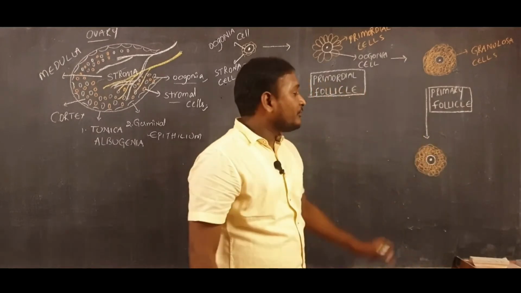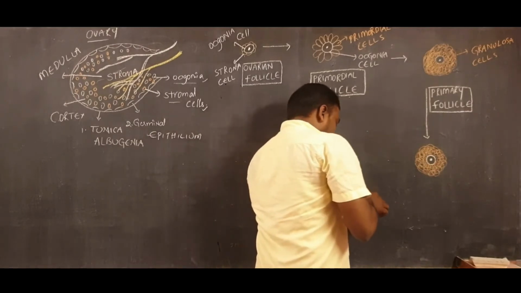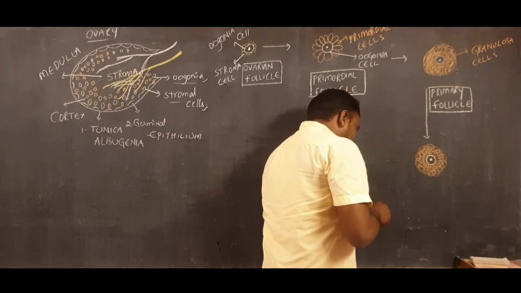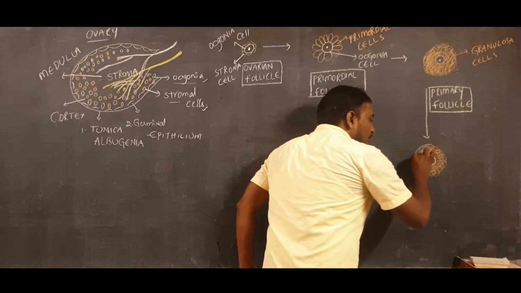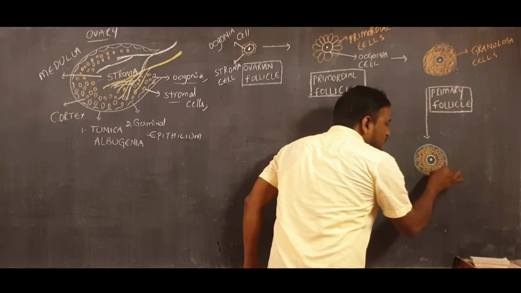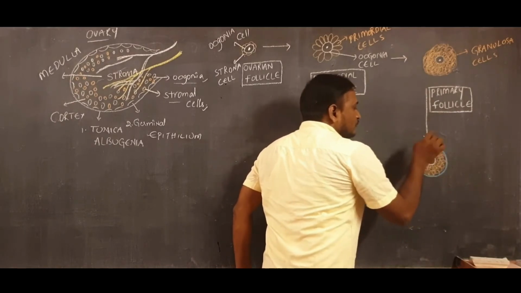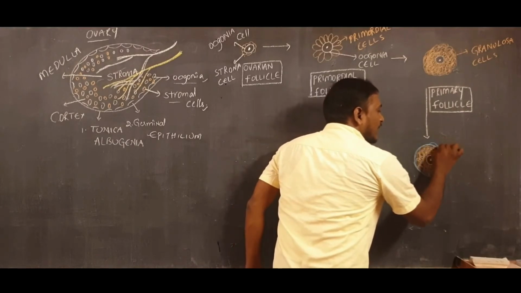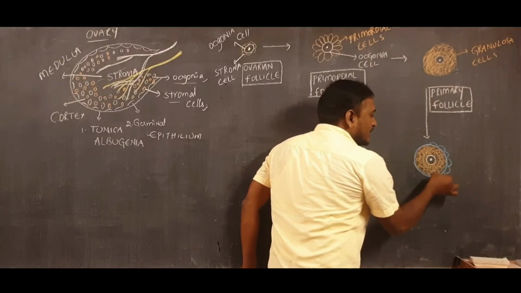Now observe here. Surrounding cells are granulosa cells. These granulosa cells secrete a kind of layer which is also called theca interna. This theca interna then undergoes changes and then produces theca externa.